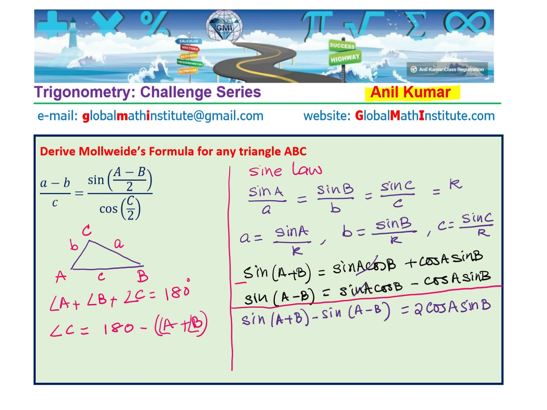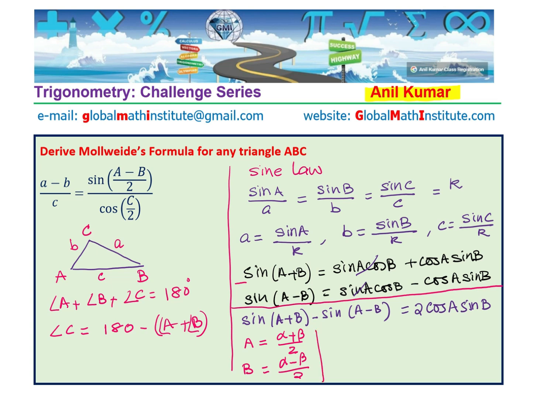Now here, I'll do a small substitution: if I replace A with (alpha plus beta) by 2, and similarly B with (alpha minus beta) by 2, then A plus B will be only alpha.